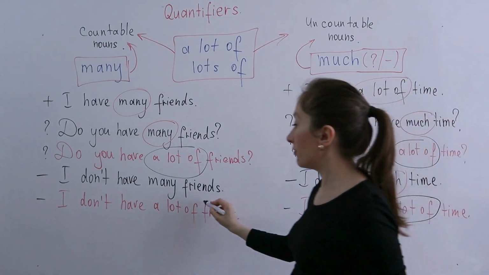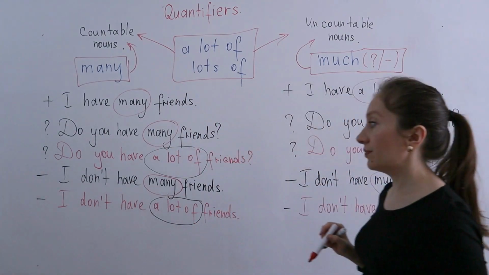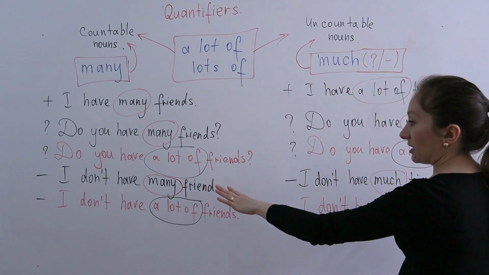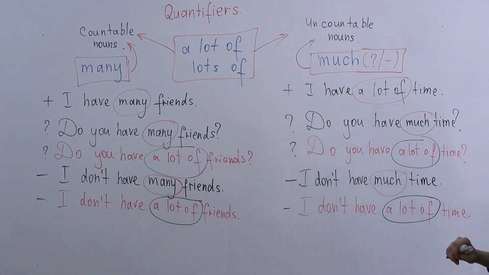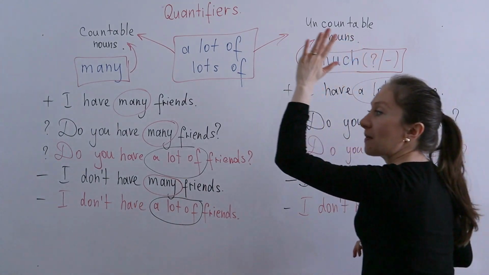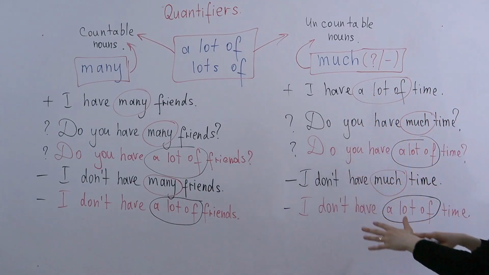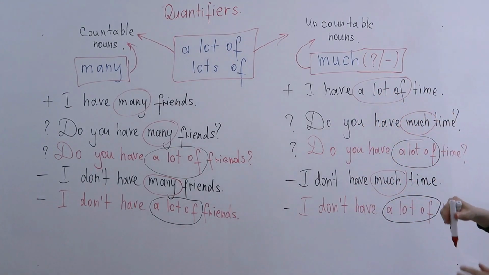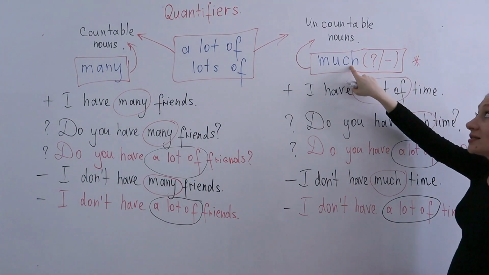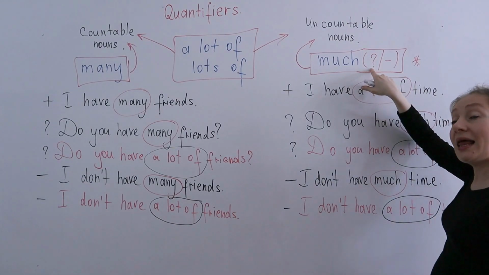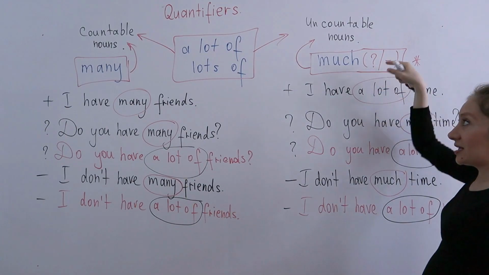So, a lot of. You see, my friends, you have negative sentences with many, a lot of, much, a lot of, right? Countable nouns, many, a lot of, uncountable nouns, much, a lot of. But there is one rule that you have to remember, which is much is used just in questions and negative sentences, interrogative sentences and negative sentences, right?